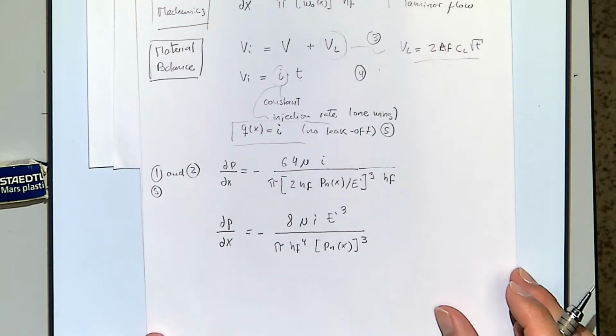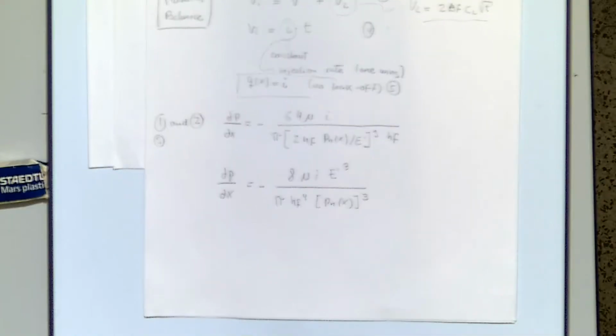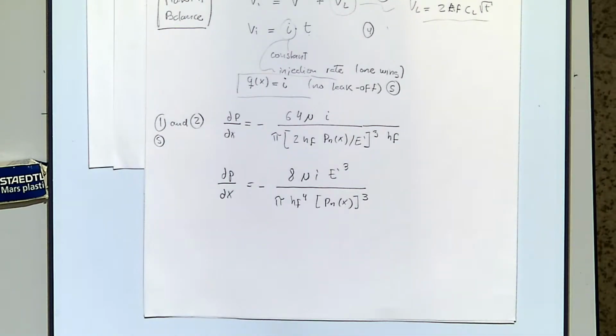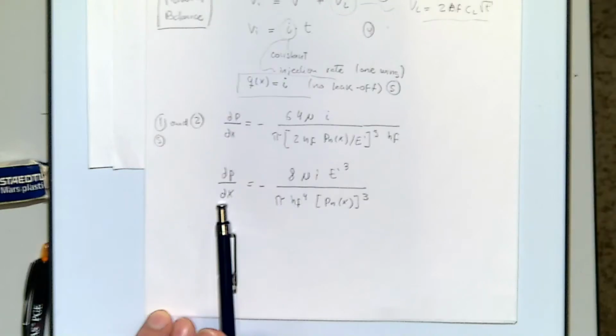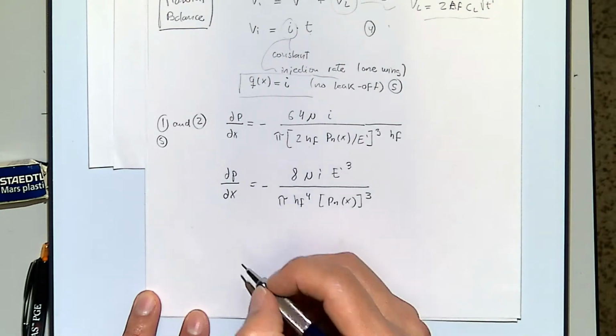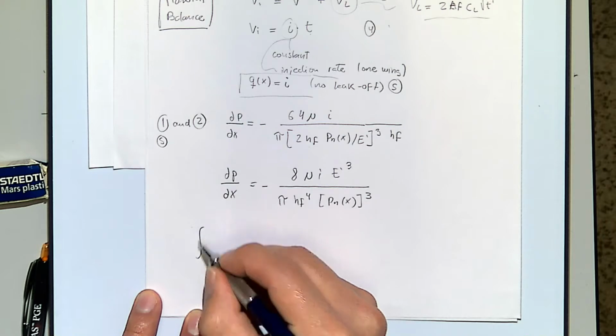What can I do with this equation now? It's a simple differential equation, right? When you want to solve for it, we would like to know what is the pressure in the wellbore. So what can I do with this? You can integrate, right?